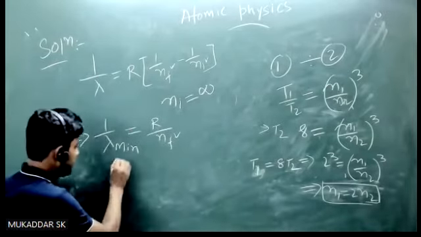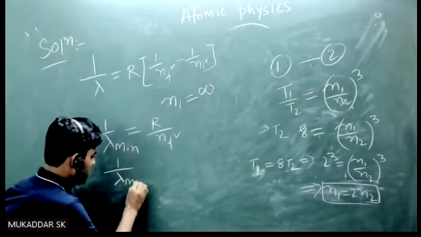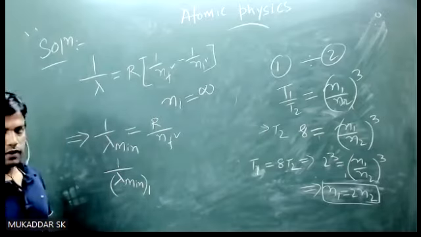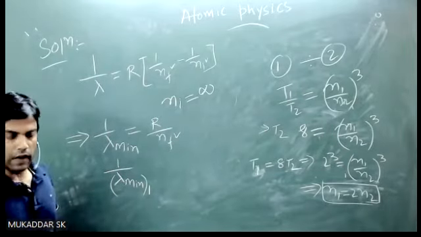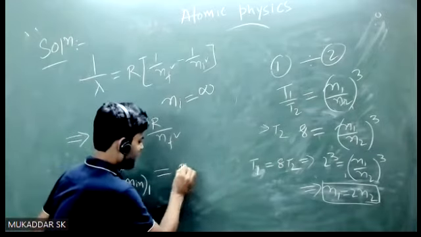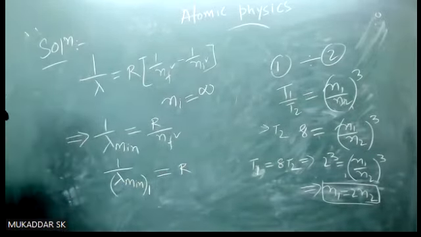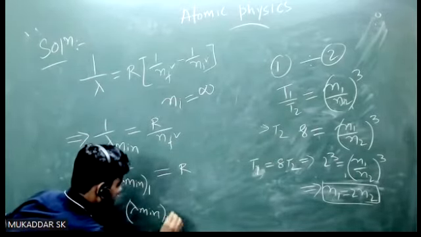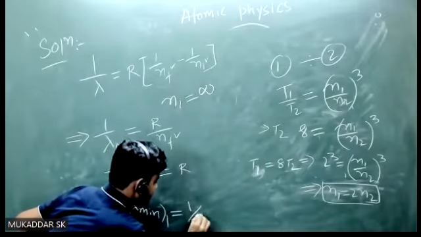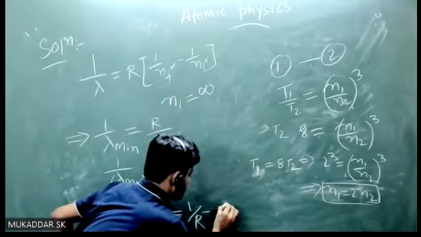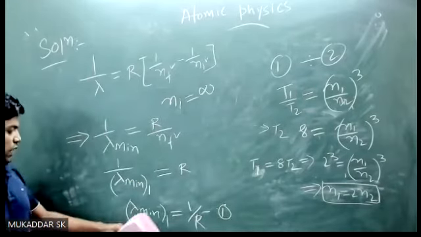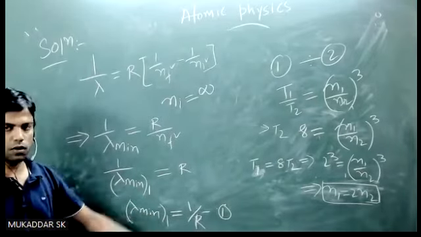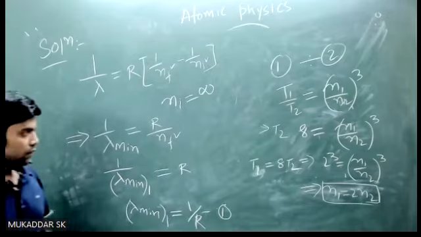So obviously 1 by lambda min, let us take subscript 1, that corresponds to Lyman series, that will be simply R, right? So you can say that lambda min 1 should be equal to 1 by R. Is it clear to all? So lambda min 1, the minimum wavelength of Lyman series, should be equal to 1 by R for hydrogen atom. Okay.